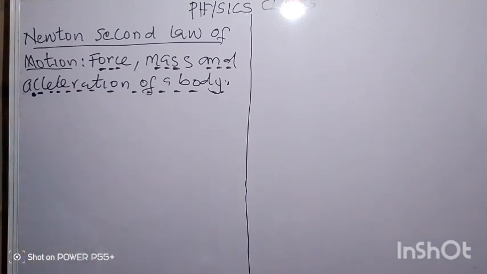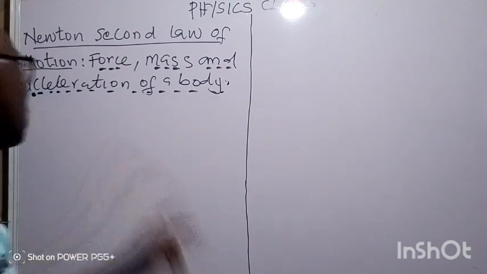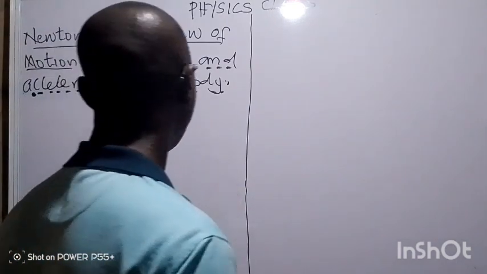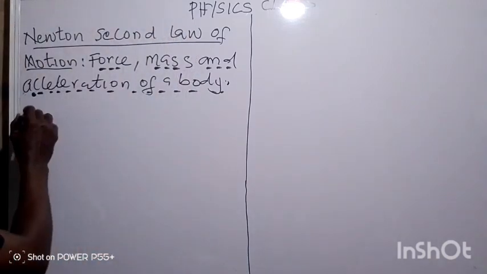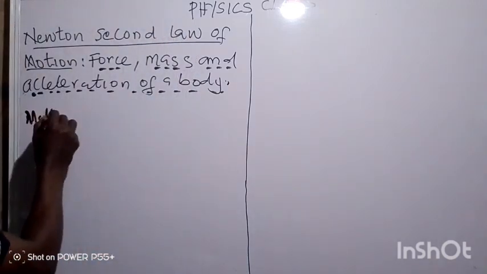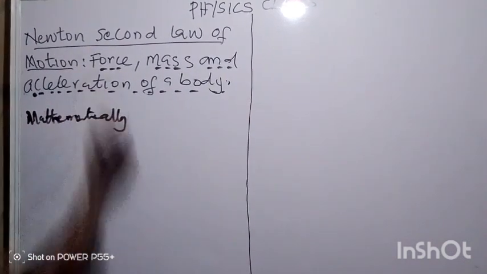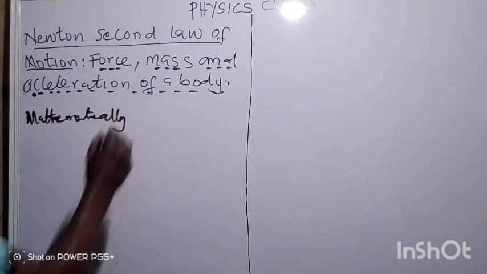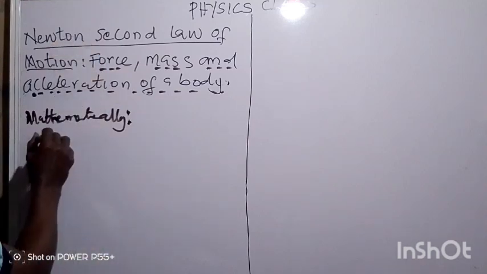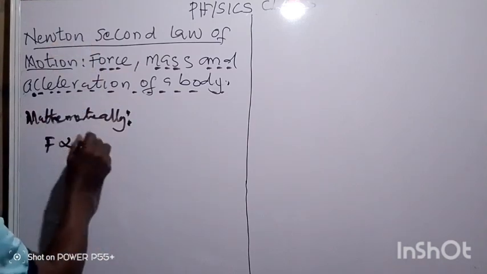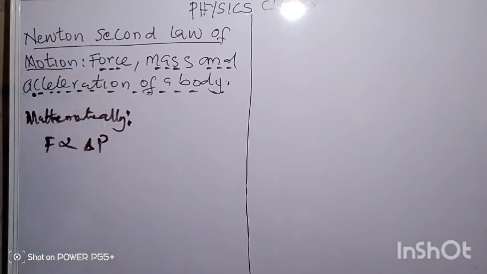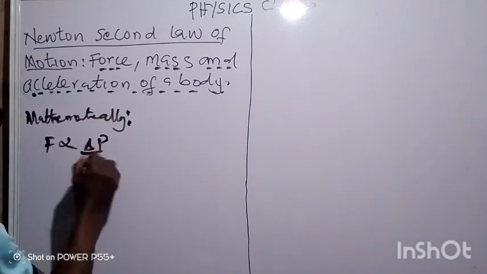By then, I said Newton's second law of motion states that the rate of change of momentum of a body is directly proportional to the force applied. Mathematically, we said F is directly proportional to delta P, where delta P is change in momentum, then over time.